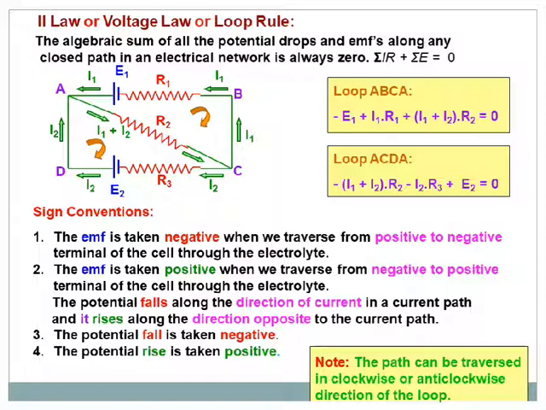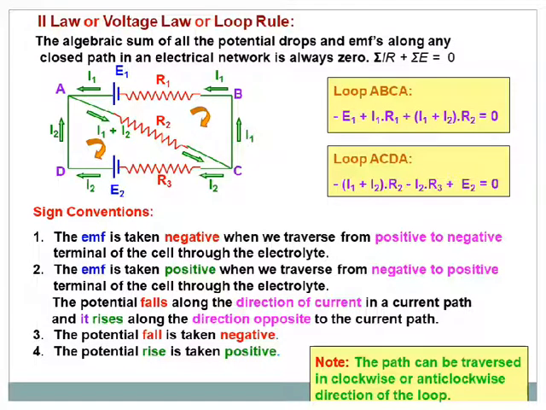So I am going to consider by using two loops. The first loop that I am going to consider is ABCA, the first triangle. Okay, so tracing the path in this manner from A to B, B to C, C to A. That is considered. Alright.